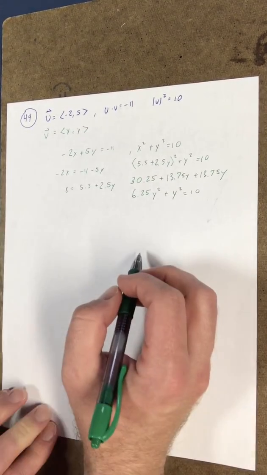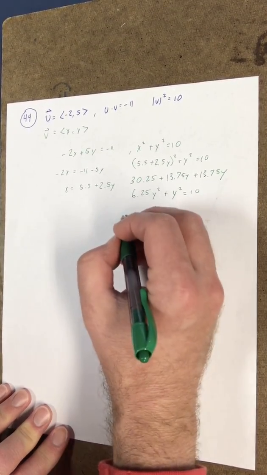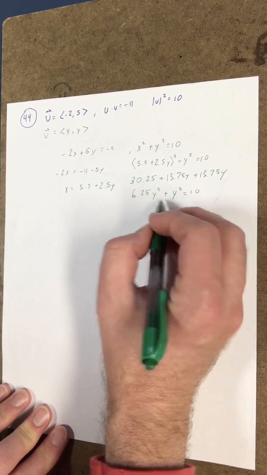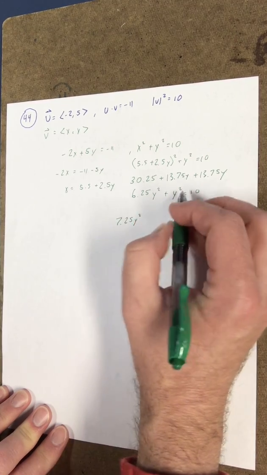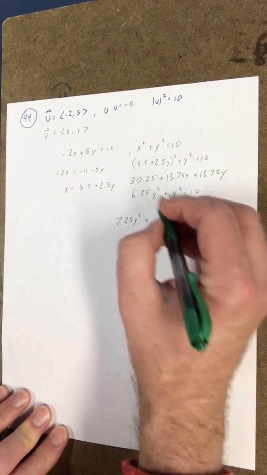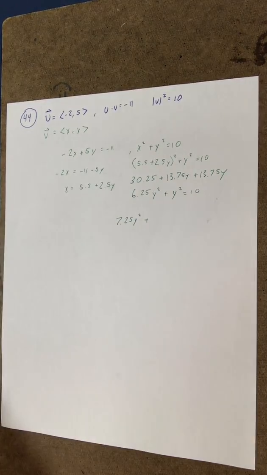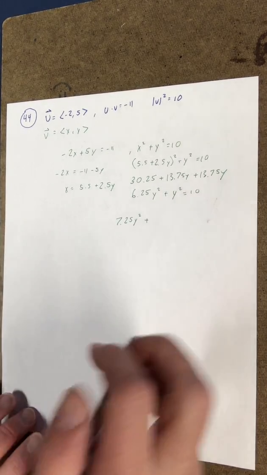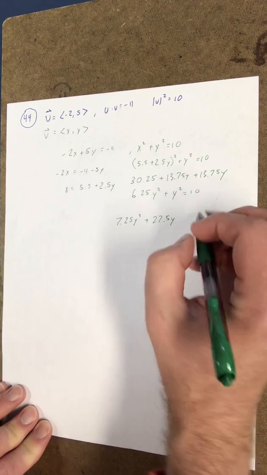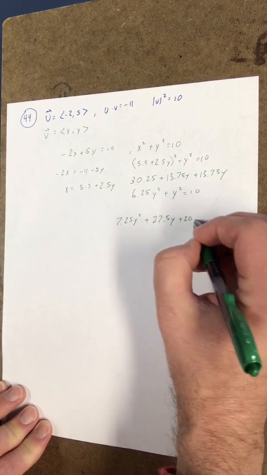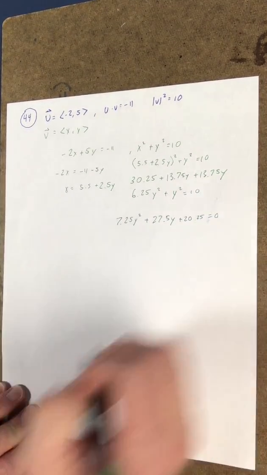So tightening this up a little bit and subtracting the 10 over, I would get 7.25 y squared plus 27.5y and then plus 20.25 equals 0.